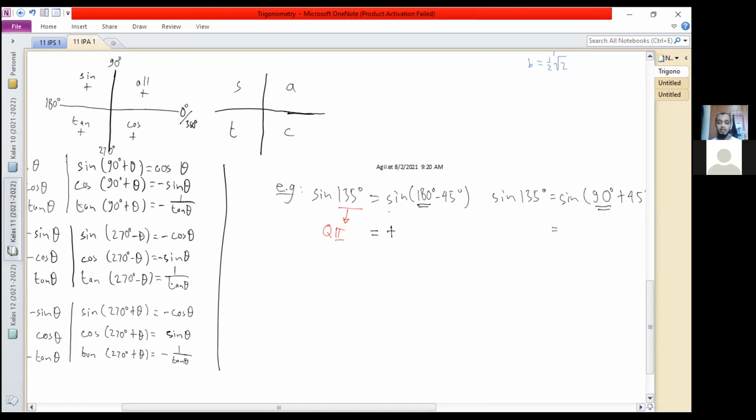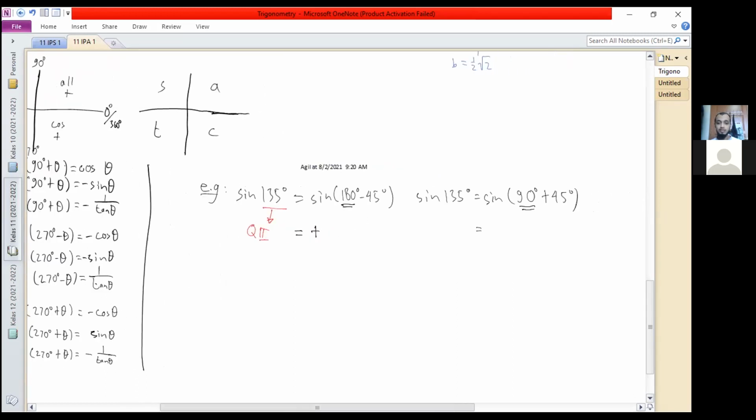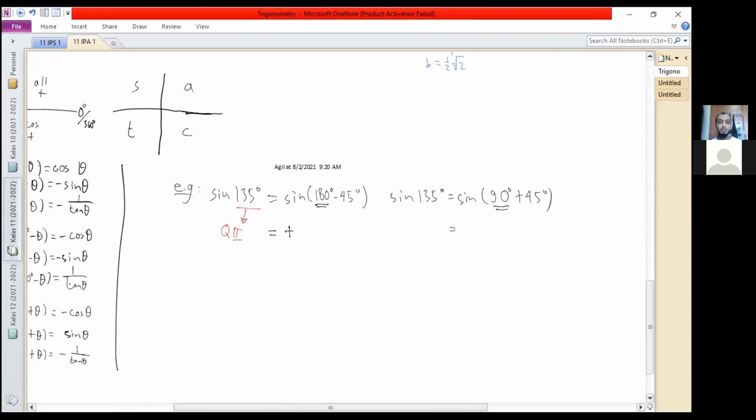So the sine function doesn't change. So sine of 135 degrees is positive because it is on the second quadrant, and because we are using 180 degrees, we still get sine, and this is the related angle of 45 degrees. So we can get the exact value of sine of 135 degrees.